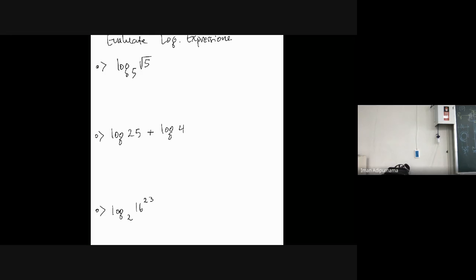Okay, this one, you don't know this one? Like I said before, if this doesn't have a base, then it's base 10. But you don't really need that base, right? You just calculate because both of them don't have any number base.